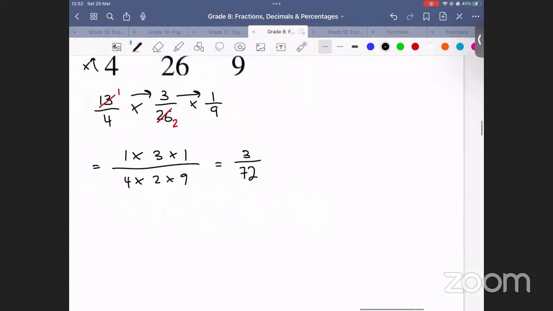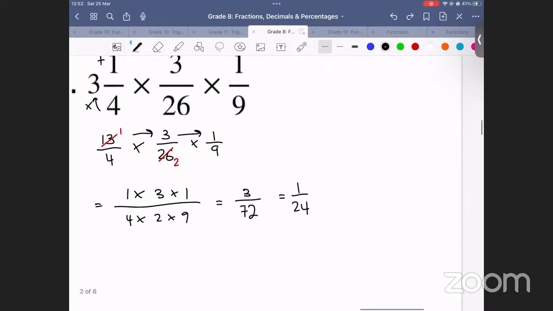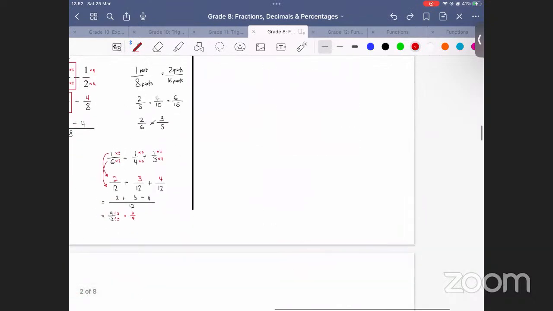Never mind. We can just simplify this even more. So you can just put it in your calculator again, and it will give you the simplified answer. Alternatively, you need to find a number that goes into both, and that number is 3. 3 goes into 3, and 3 goes into 72. You could also have simplified it a bit more here with 3 and 9, but I didn't, and we still got the same answer. The more you simplify, the easier it's going to make it on you, basically.